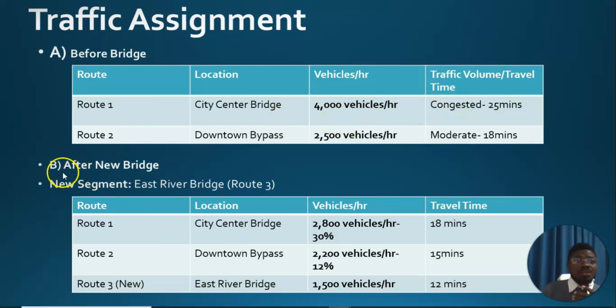This new bridge has helped to decongest route one, reducing the traffic flow in that location and also reducing the travel time. This helps to create a more even movement when it comes to the timing and the number of vehicles plying those locations.